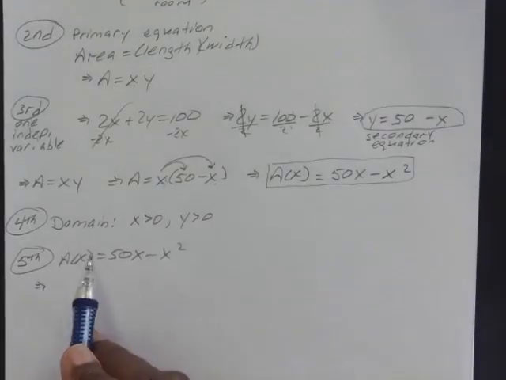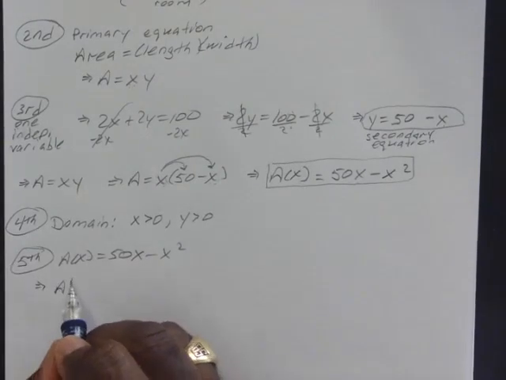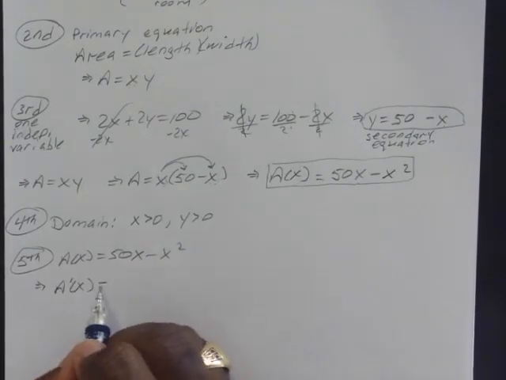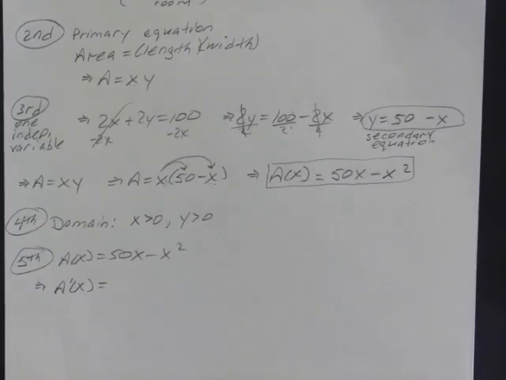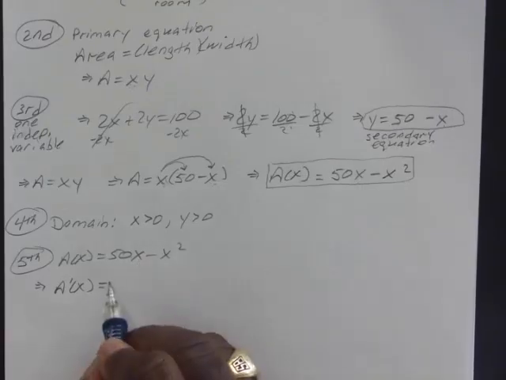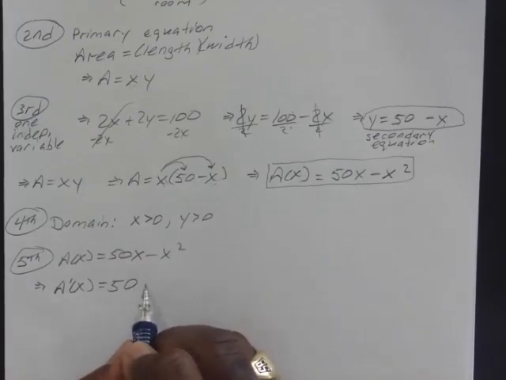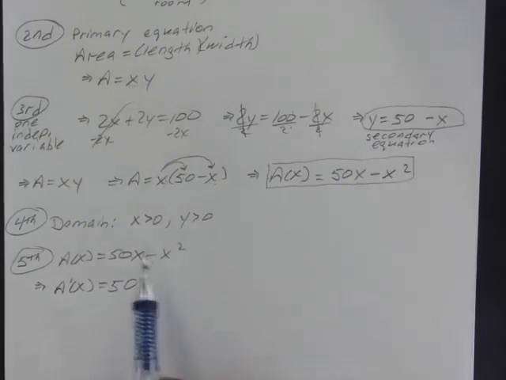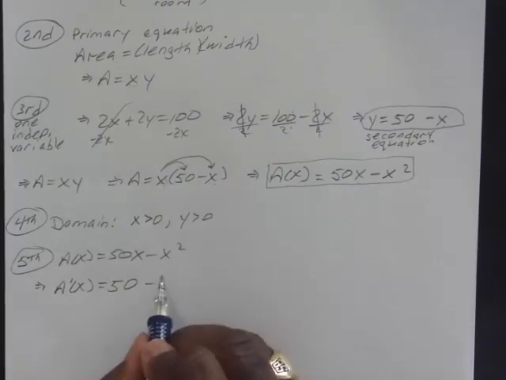You can say the derivative of A with respect to x, or you can say A prime of x. Again, completely up to you. Is equal to 50 times the derivative of x. So that's 50 times 1, which is 50, minus the derivative of x squared, which is 2x.